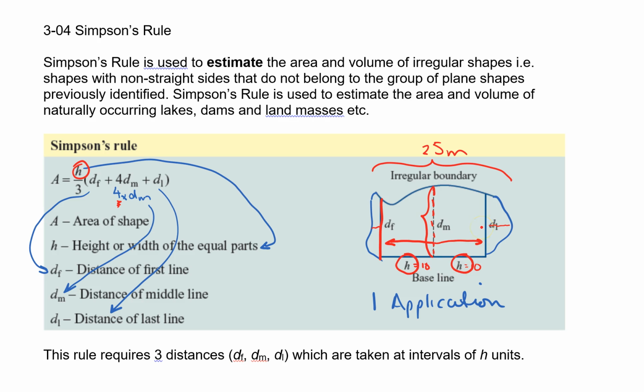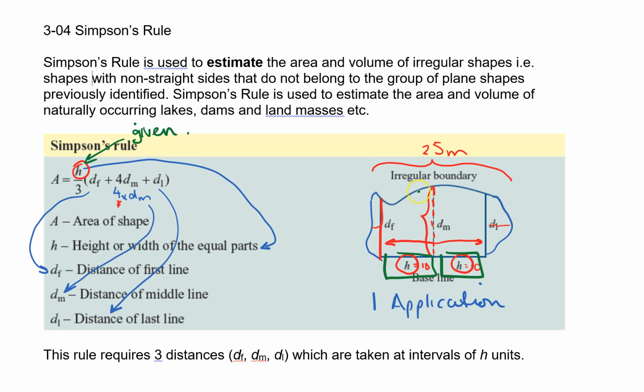And usually you don't have to worry about that size, that H value. It's almost always given. So it's already been decided how far apart these distances should be made so that we're getting a fairly accurate approximation.